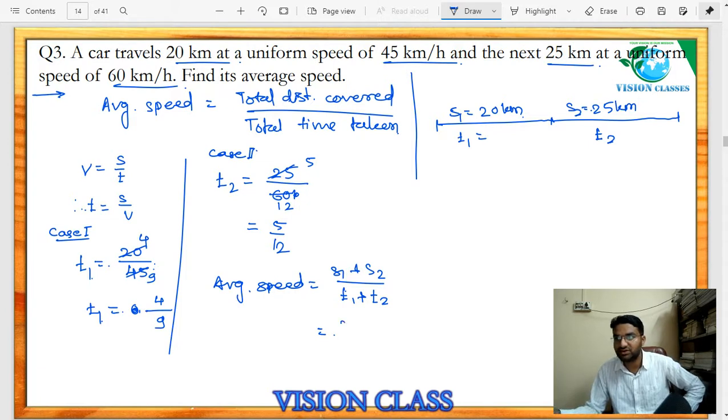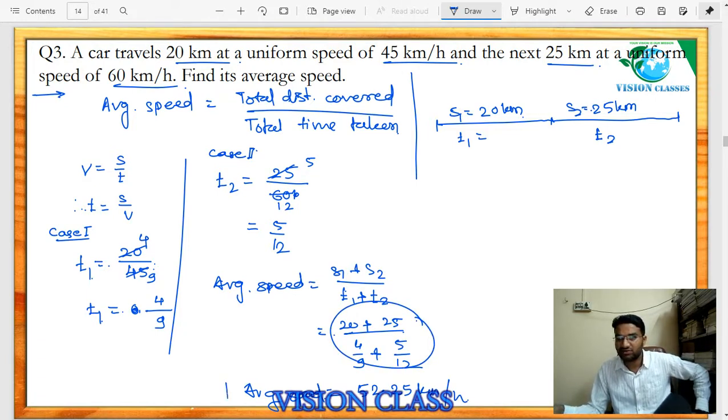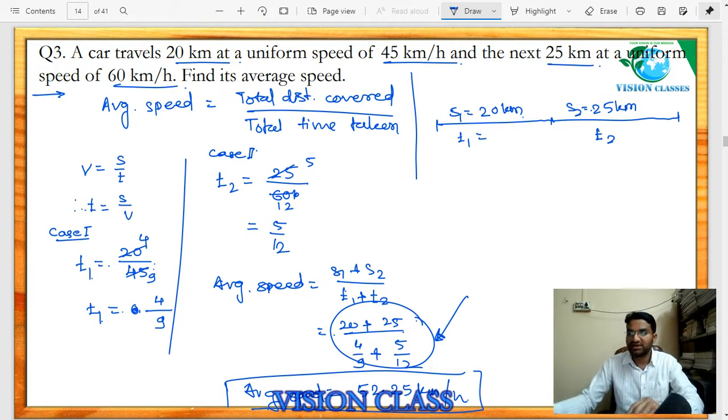S1 is, let's say here, 20 plus 25 over 4 by 9 plus 5 by 12, and if you calculate all this, you will get average speed equal to nearly 52.25 kilometers per hour.